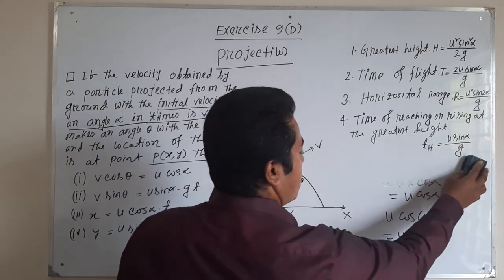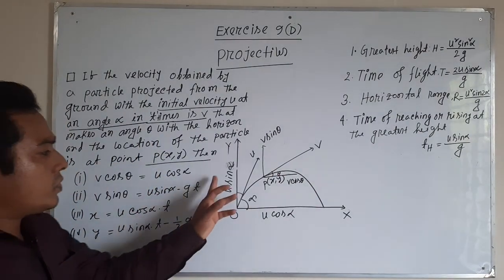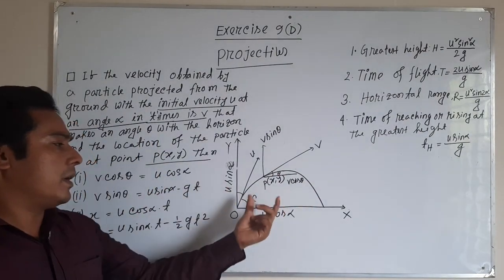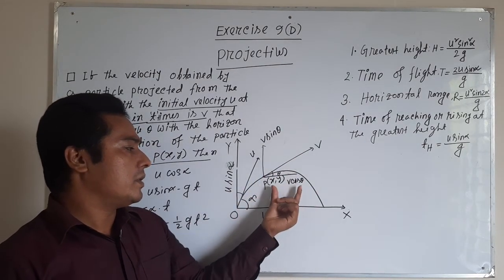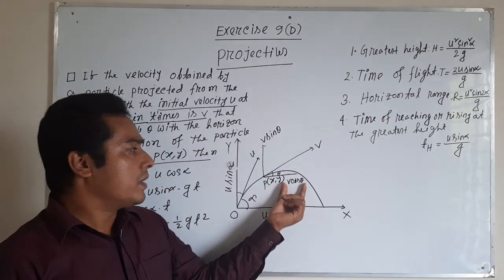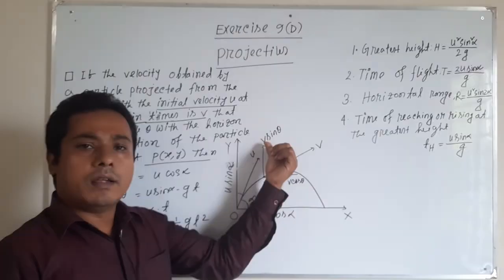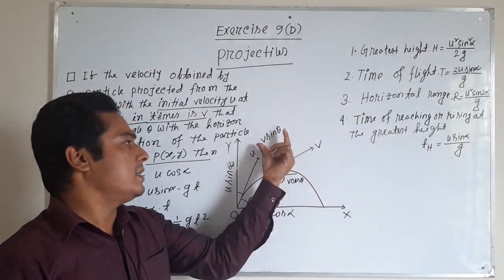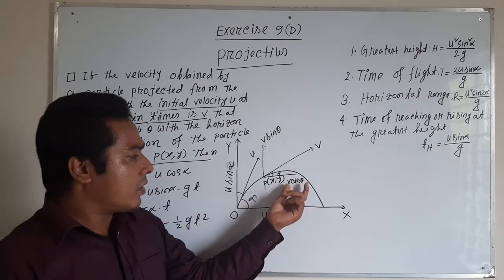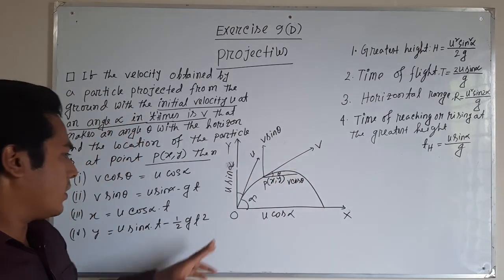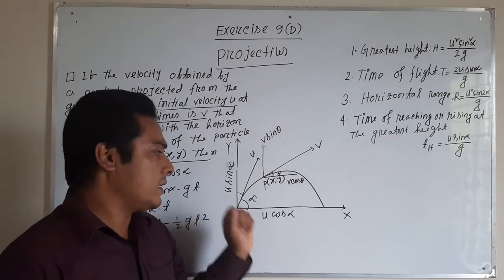Now we want to discuss the equation of motion in two ways. If the particle reaches this point and the velocity is v, then the horizontal resolved part is v cos theta. If the angle is theta, then the vertical resolved part is v sin theta. That means you have v cos theta and v sin theta at point P(x, y) after time t.